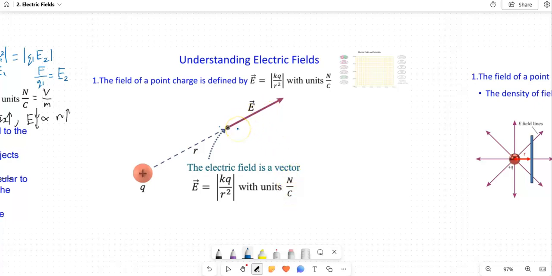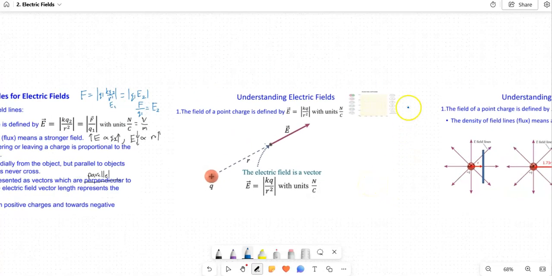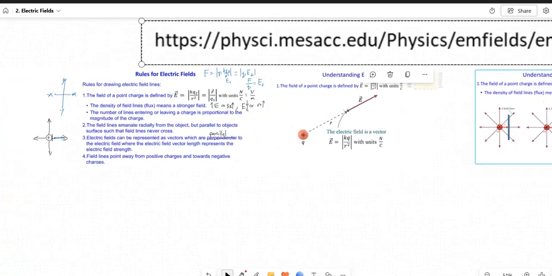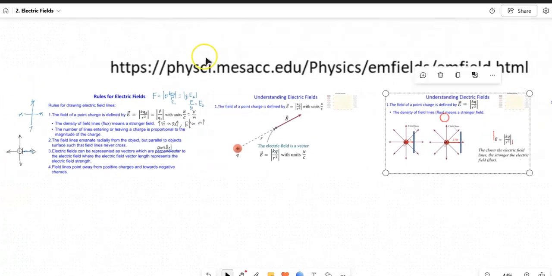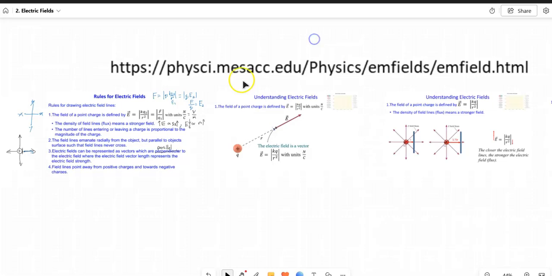Okay, so let's go ahead, and they're in the PowerPoint notes. If you click on this in the PowerPoint notes, this is a picture of your PowerPoint notes. It'll send you out to this website right here.